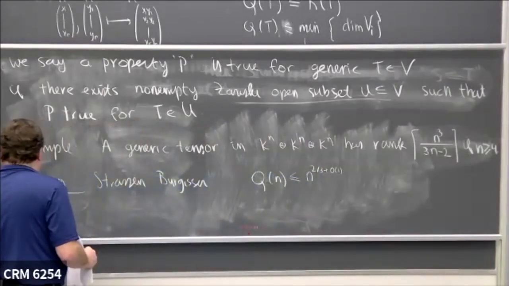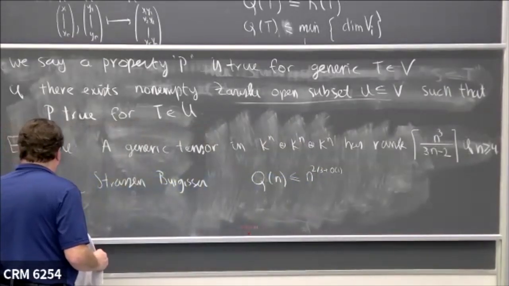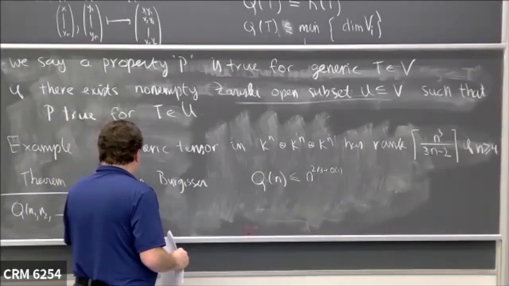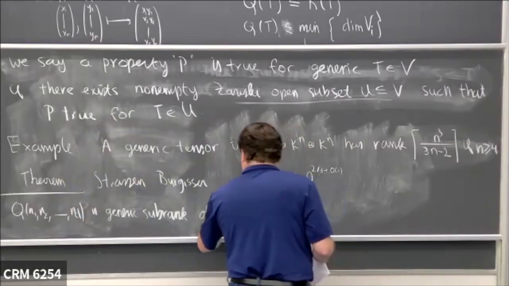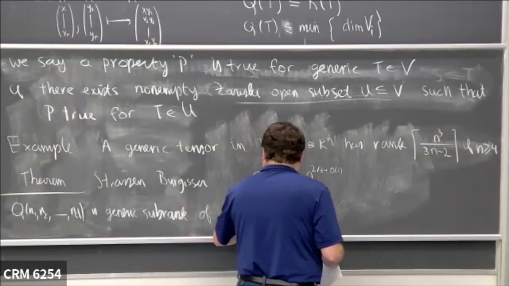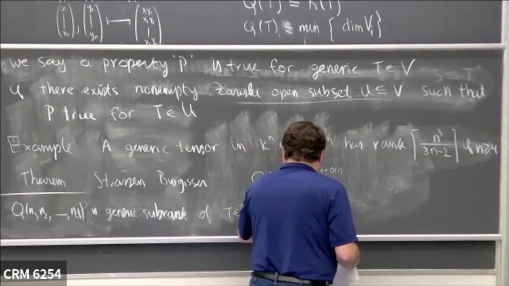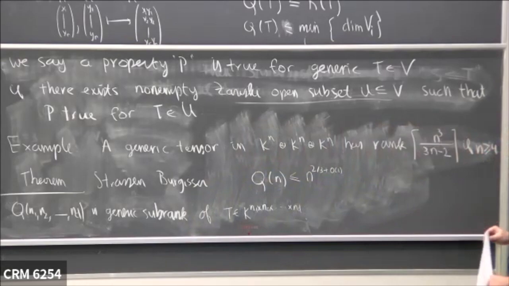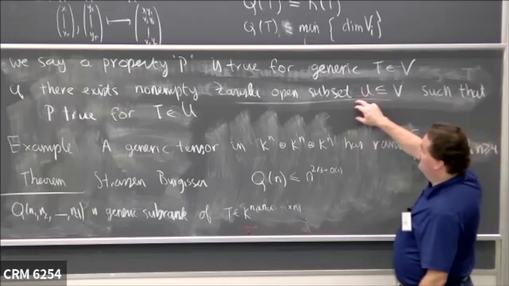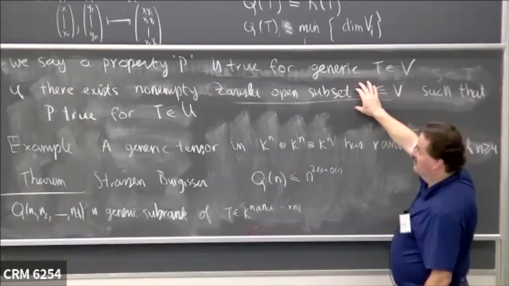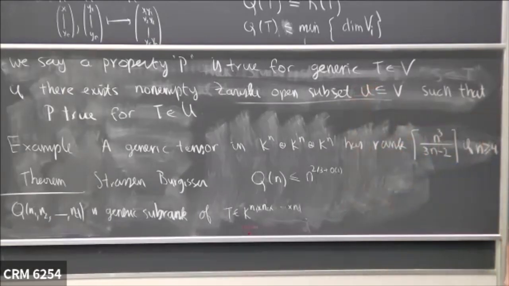Okay, so Q(n1, n2, up to nd) is the generic subrank of a tensor of size n1 times and so on. In some sense this is both a definition and a theorem, because it's not at all clear that there's some non-empty Zariski open subset for which this subrank is constant, but that's actually true.